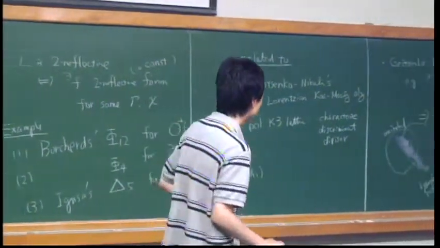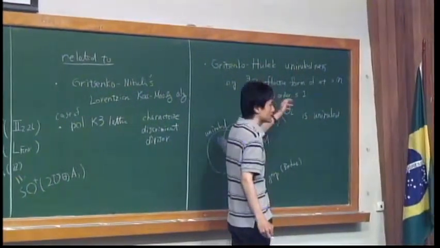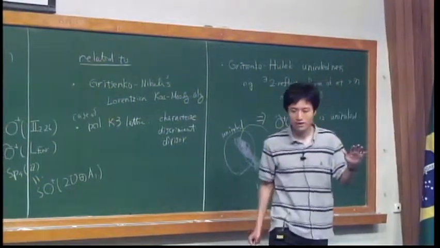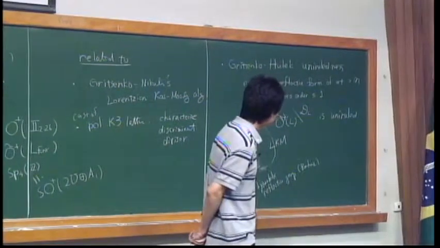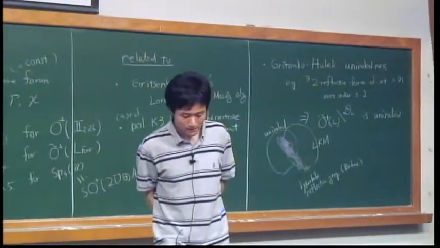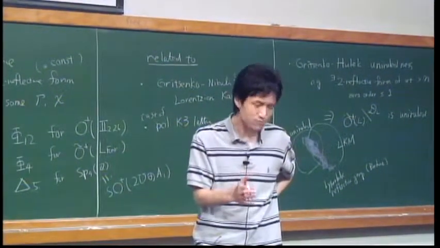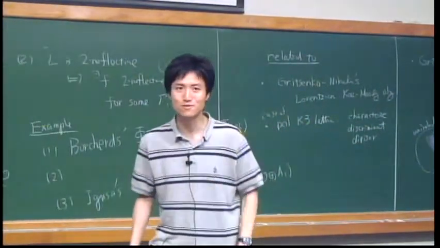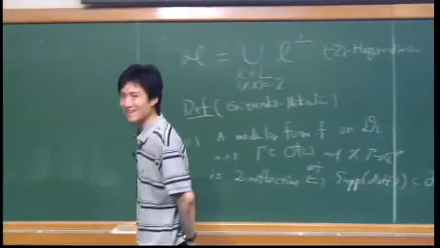For example, if the modular form has small weight, then the modular variety may not be uniruled. Yeah, I think there is large overlap, but there should be some differences. But I don't know the precise picture.